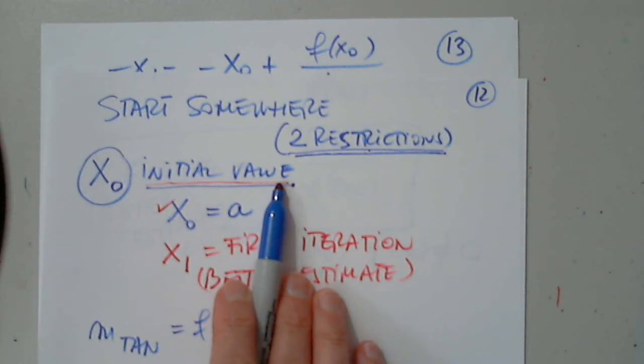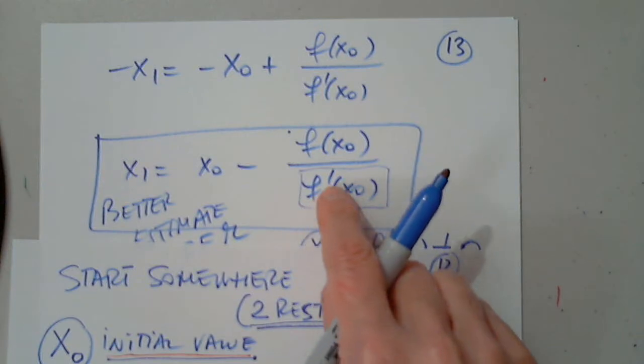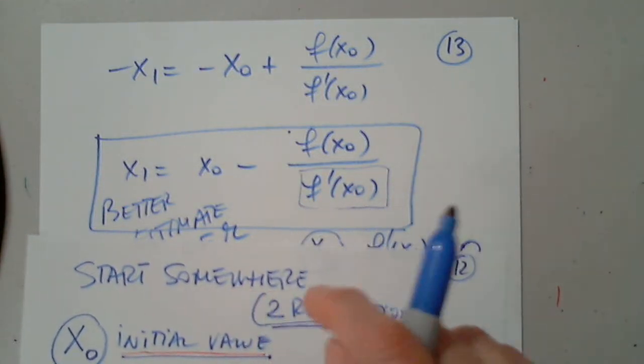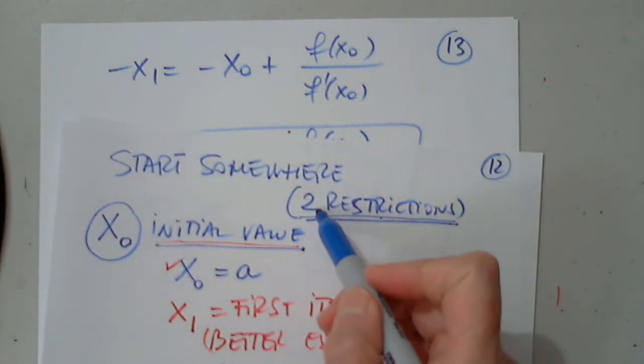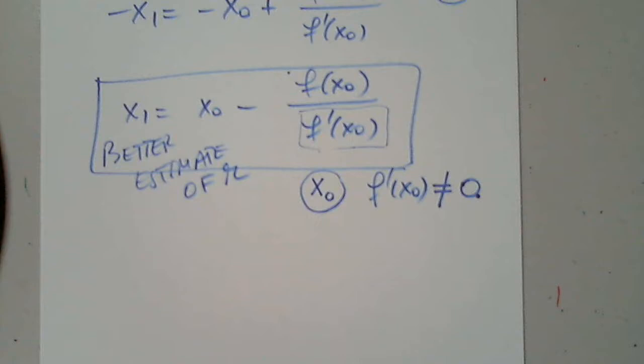We have to make sure that the initial value we choose does not make f prime of that value zero. And now there is another restriction, which is less of a problem.